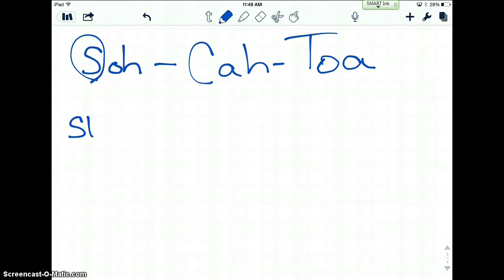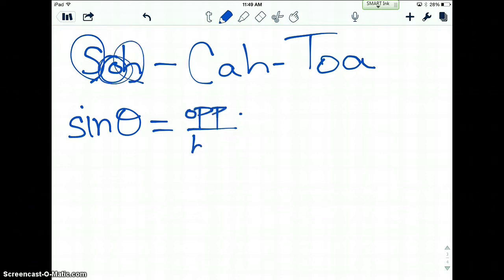And instead of writing out the whole thing, sine, in mathematics, we actually abbreviate it, but when we abbreviate it, we do not call it sin. We still say sine of a certain angle that we're looking at equals the opposite side over the hypotenuse side. All right?